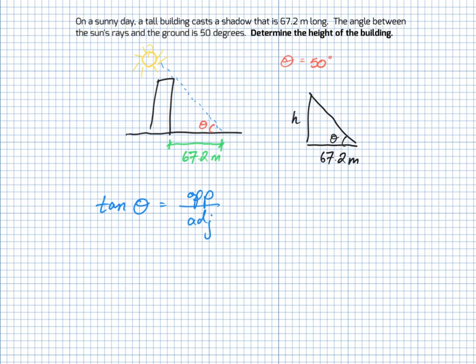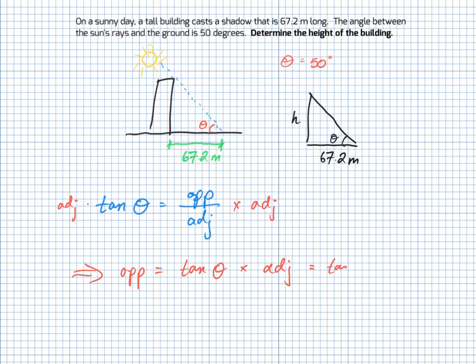We're just going to multiply both sides by our adjacent side. So we end up getting opposite side is equal to tangent theta times our adjacent side.